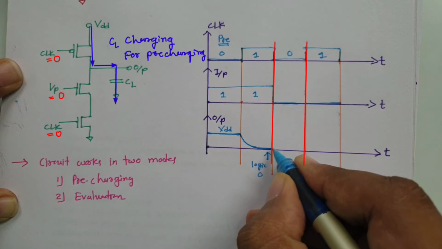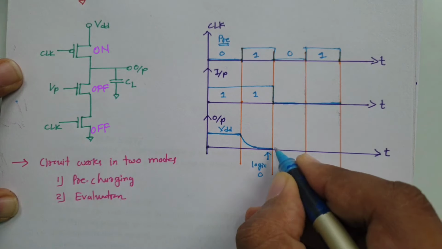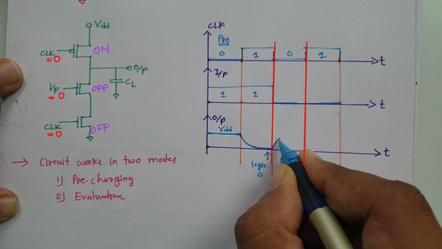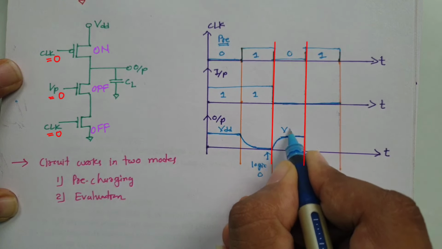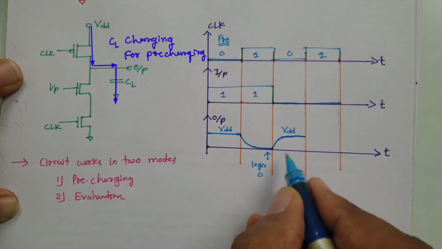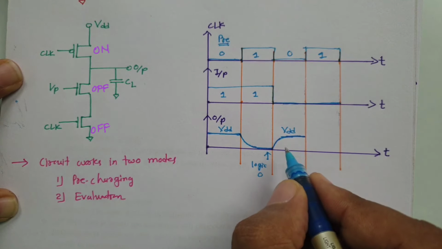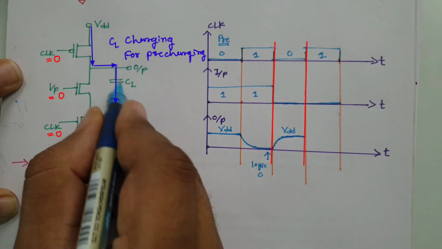You will observe the output increase with respect to the charging time constant associated with this PMOS, and it will acquire VDD voltage. And here again we don't evaluate our output, we are just charging the load capacitance.